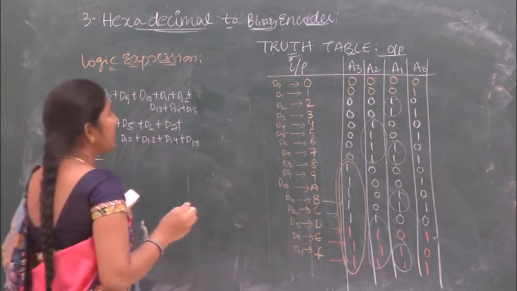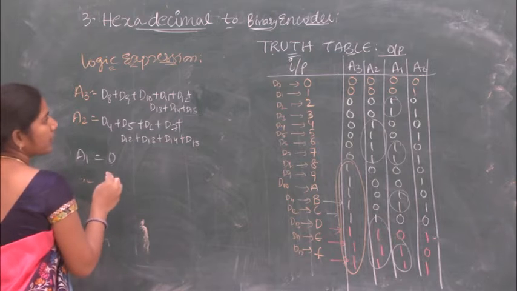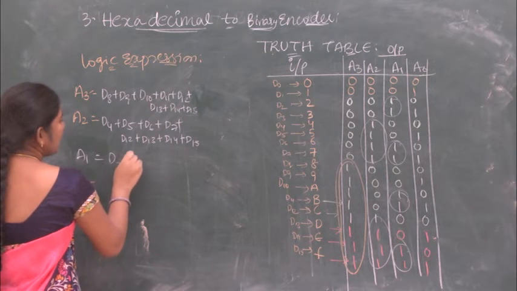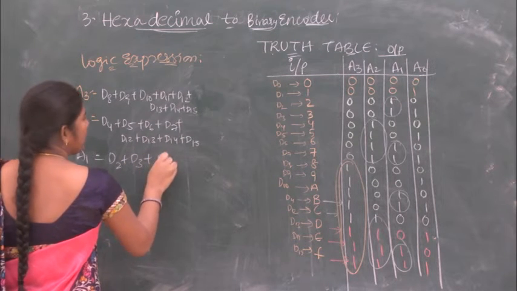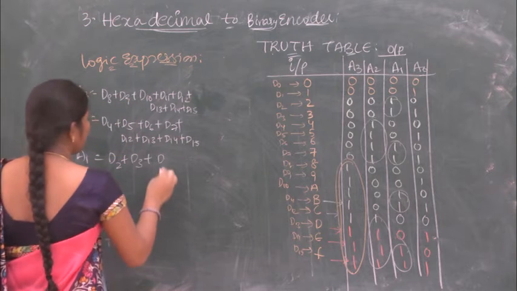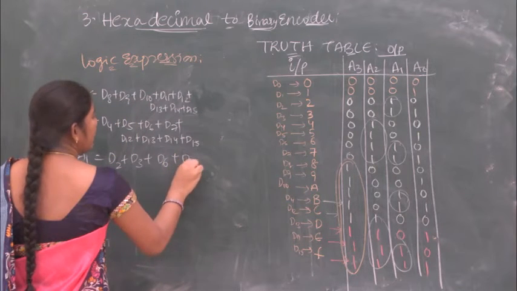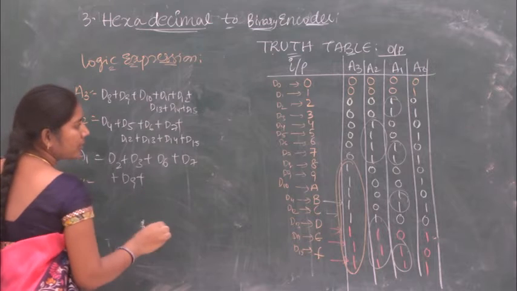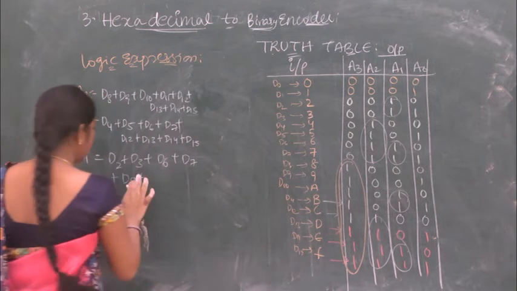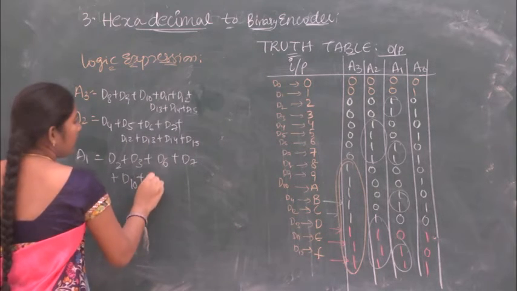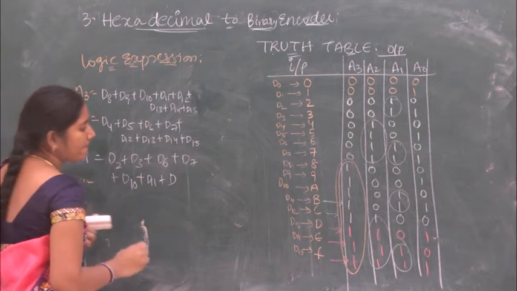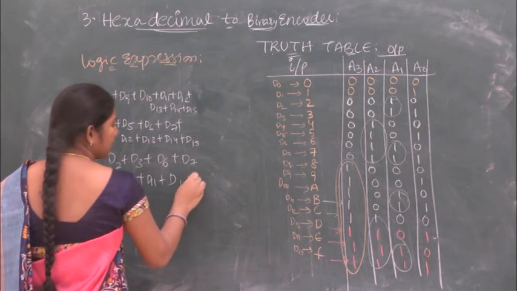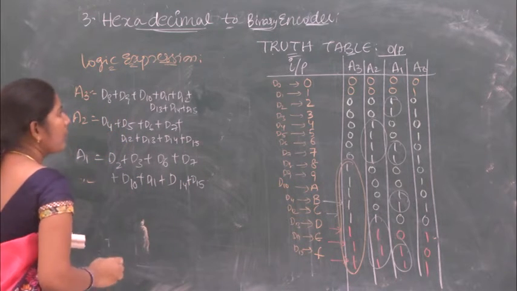So only consider the corresponding inputs, which are D2 plus D3, D6 plus D7 plus D10 plus D11 plus D14 plus D15.